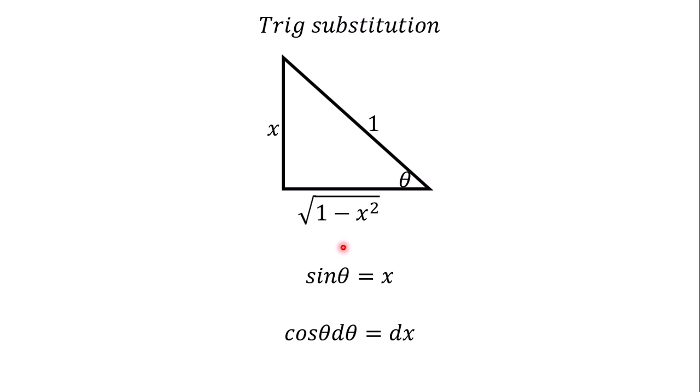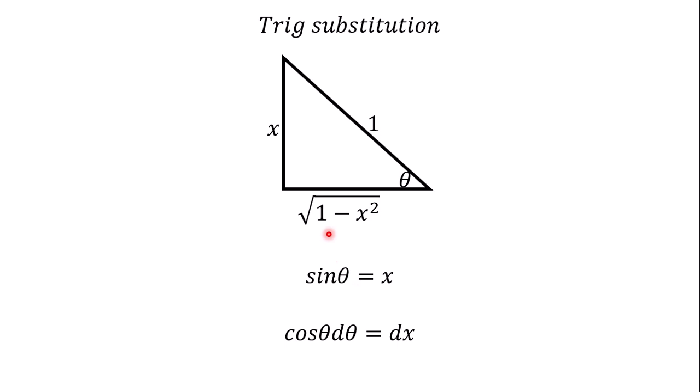Now let's check. When we choose tan, it will give us this over this. Even x tan theta will be equal to this. That won't work. We have already chosen sine, so sine is excluded, sorry.